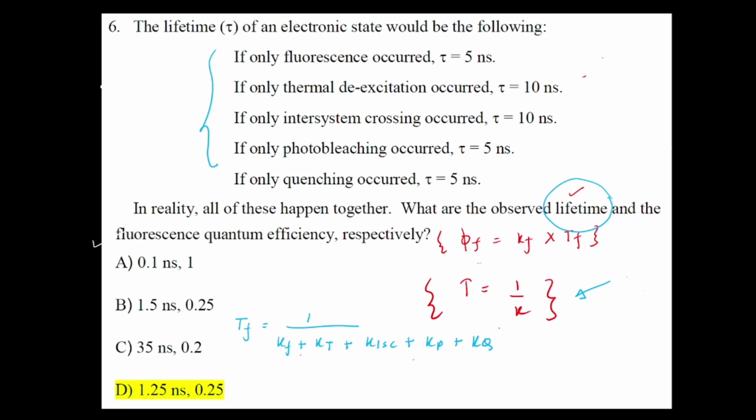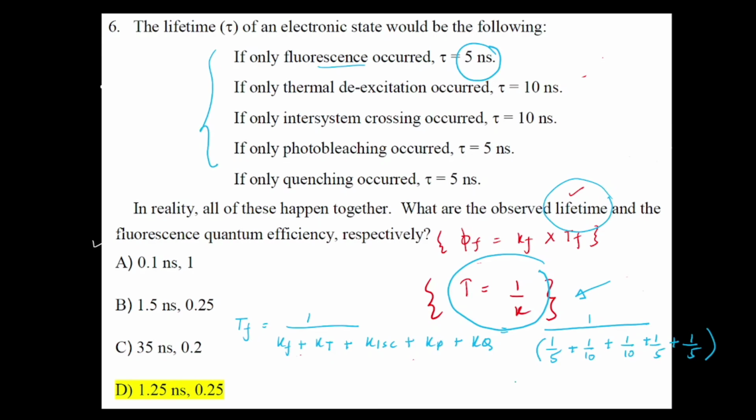So we need to do 1 divided by what is kf? If fluorescence lifetime is 5 nanoseconds, the rate constant would be 1 by 5 using this formula, yes or no, right? For thermal de-excitation it would be 1 by 10. For intersystem crossing it would be 1 by 10. For photo bleaching it would be 1 by 5. For quenching it would be 1 by 5.